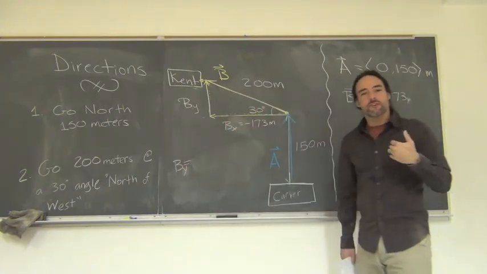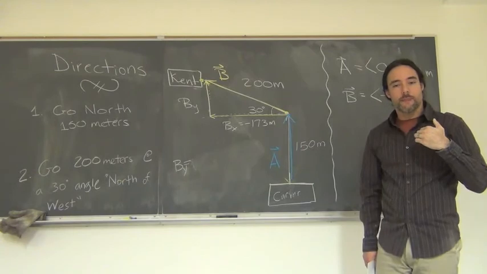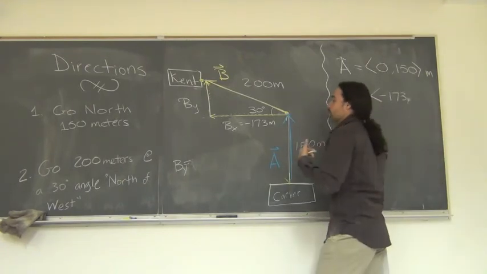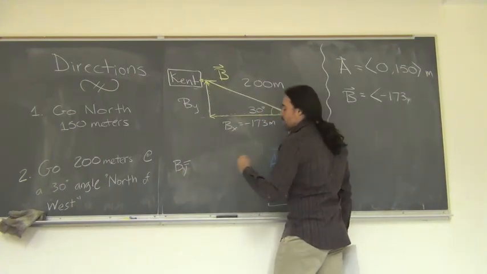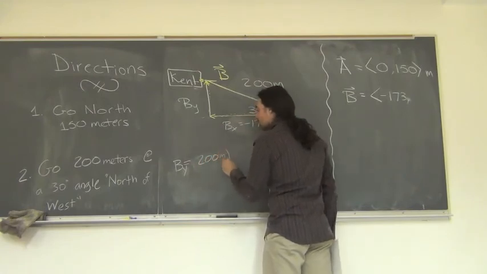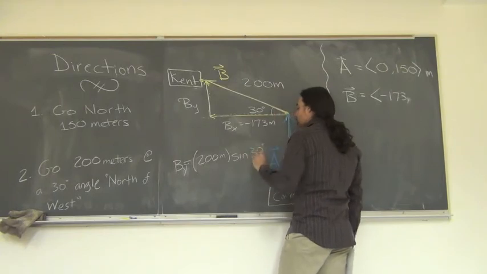So the opposite side, opposite is O. That would be the SOH of the SOHCAHTOA. And so it would have to be the sine of the angle. So By, again using our formula from last time, would be the hypotenuse, which is again 200 meters, times the sine of 30 degrees.